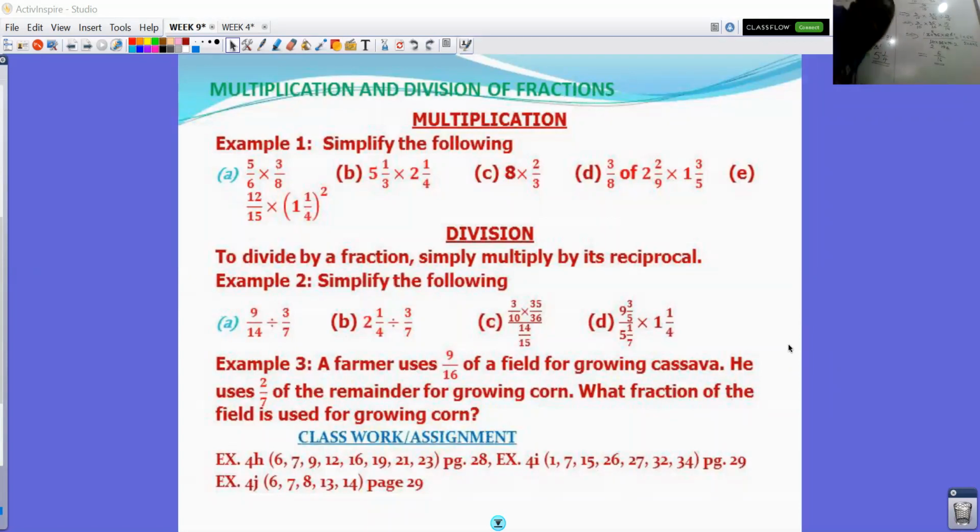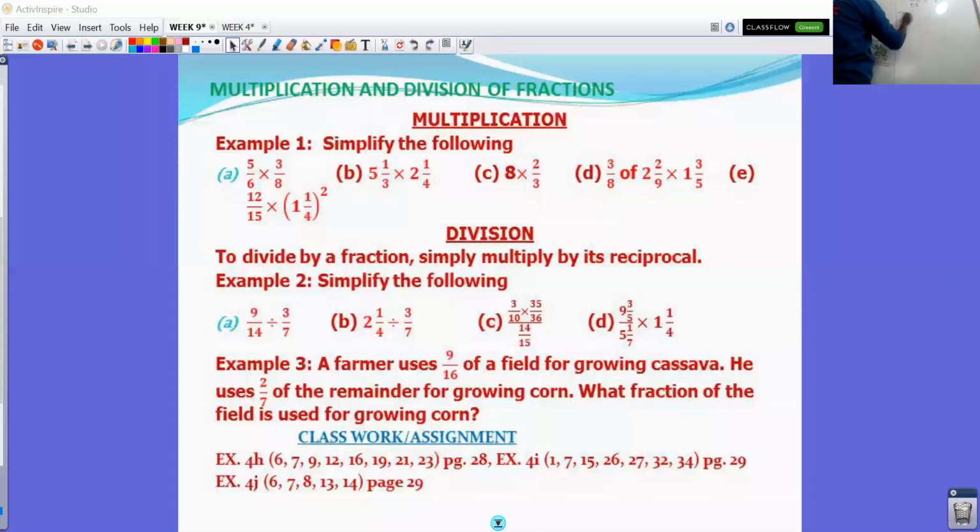Question D. Now, if you look up again, question D says 9 whole number 3/5 over 5 whole number 1/7 times 1 whole number 1/4.